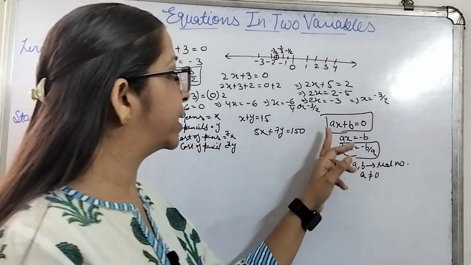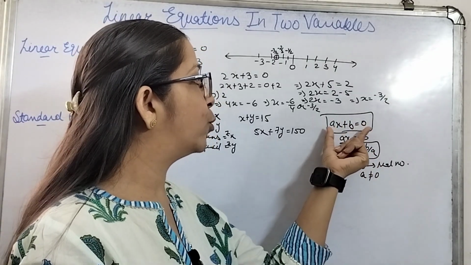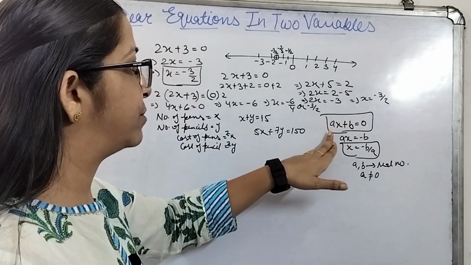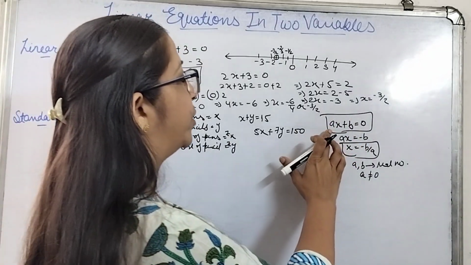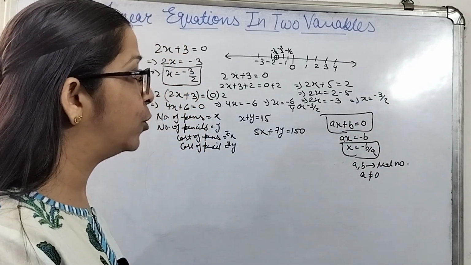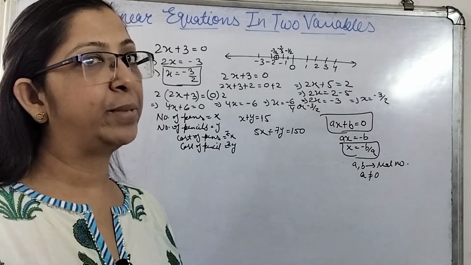Because if a becomes 0, b is a constant, so it won't be a linear equation in one variable.